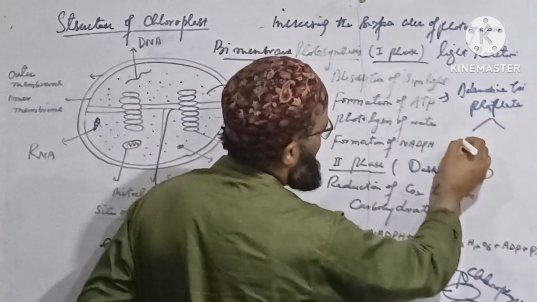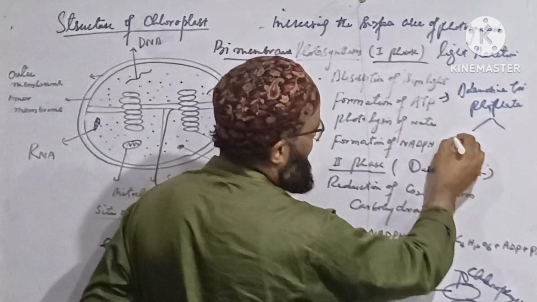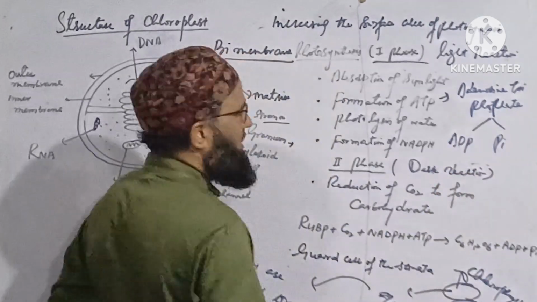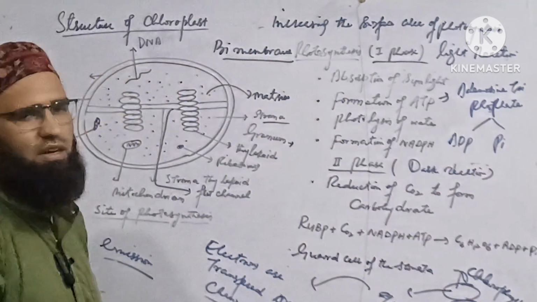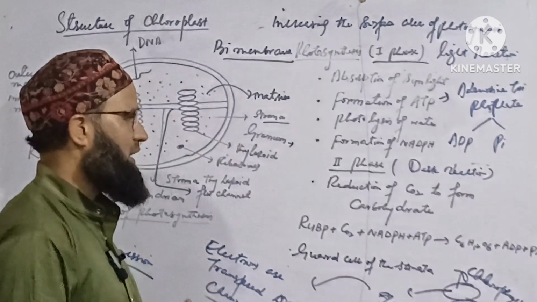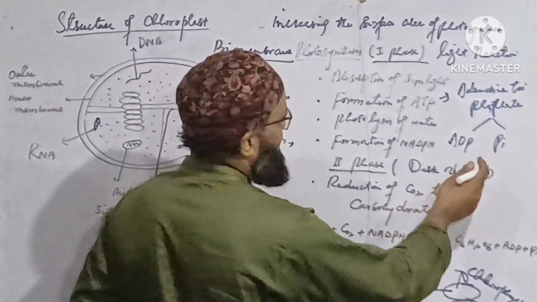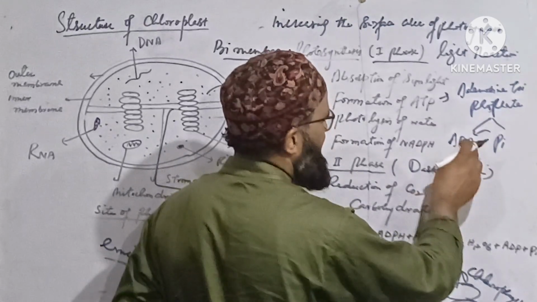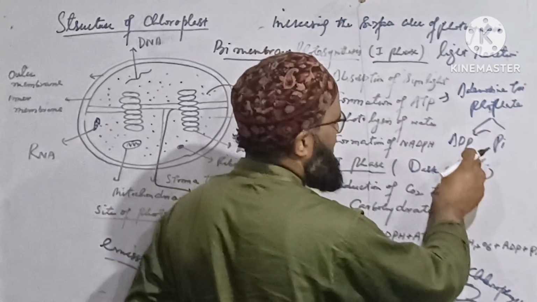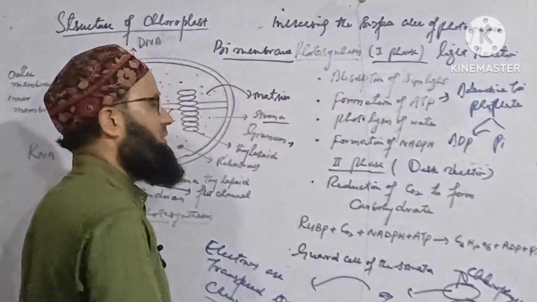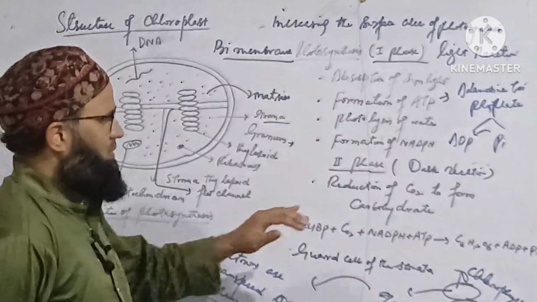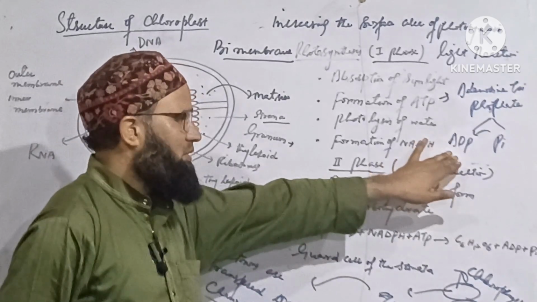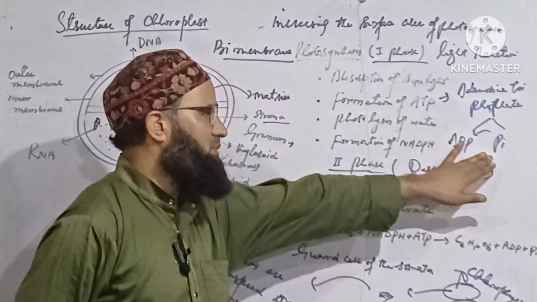Here, in the stroma of the chloroplast, there are free ADP and free phosphate groups, or we can say inorganic phosphate. Inorganic phosphate joins with adenosine diphosphate, and then ATP formation takes place. So ATP is formed by the combination of adenosine diphosphate with inorganic phosphate.